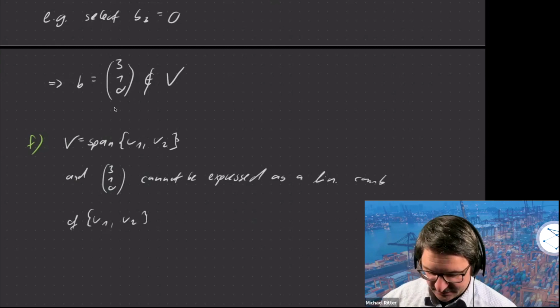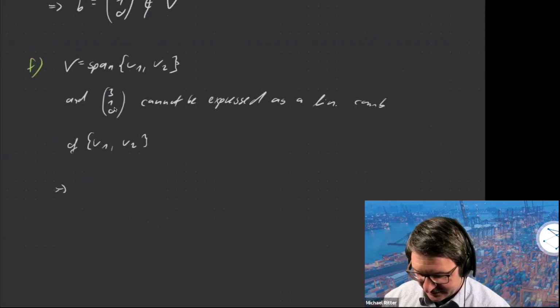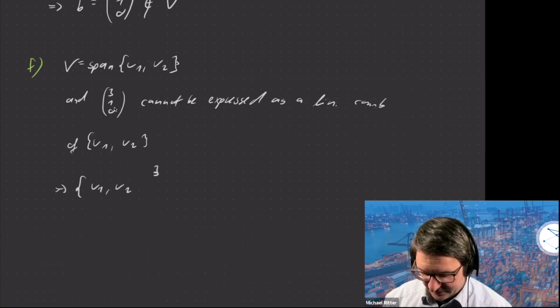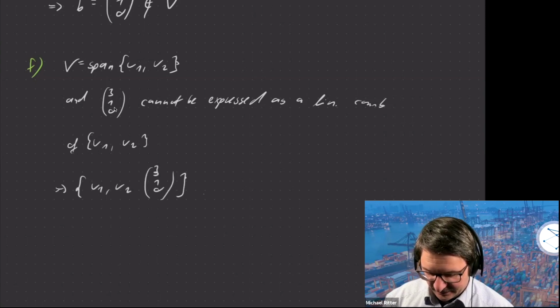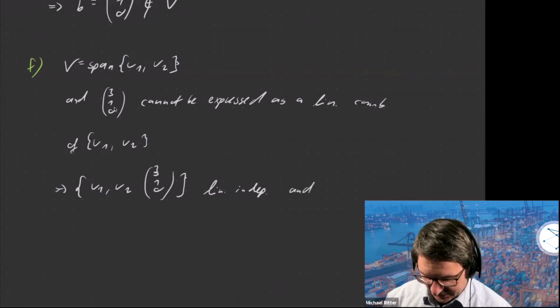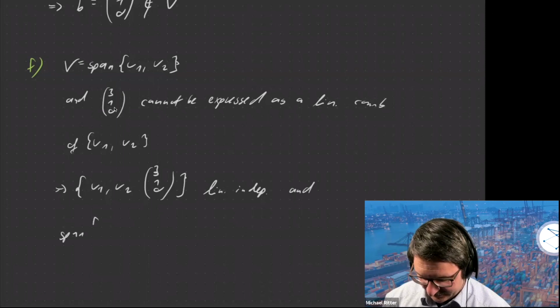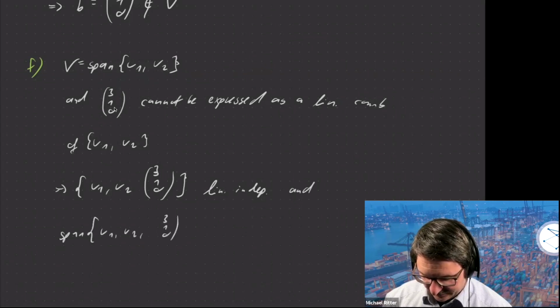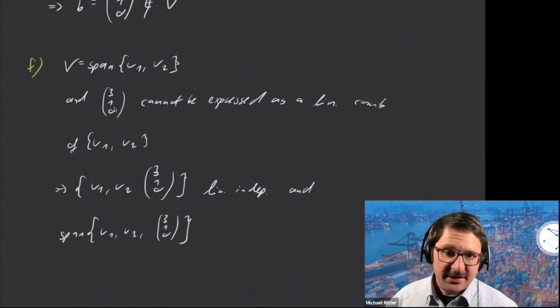So that means the set V1, V2, and that new vector (3, 1, 0) will be linearly independent, and it will span R3. We have 3 vectors now, so the space they span is 3-dimensional.